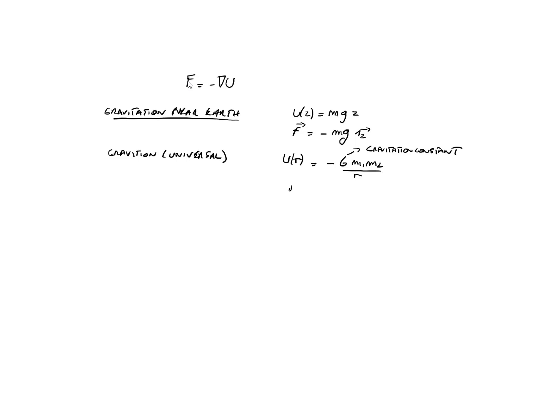The force that is related is minus G m1 m2 over R squared, and it's acting along this vector here, which is pointing from one mass to the other, right?